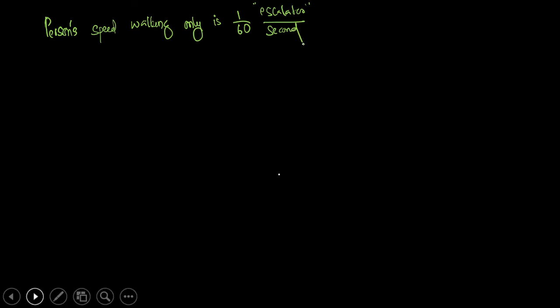So from what they have explained in the question, let's say the person's walking speed is only 1 by 60th of the escalator per second. The person's walking speed is actually 1 by 60th of the escalator per second.